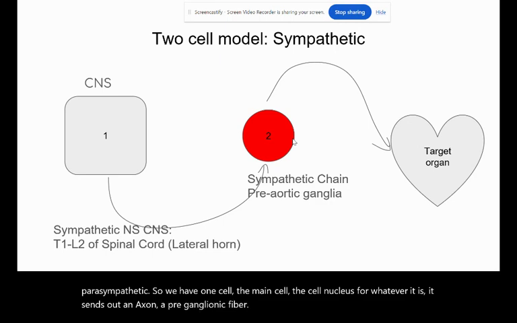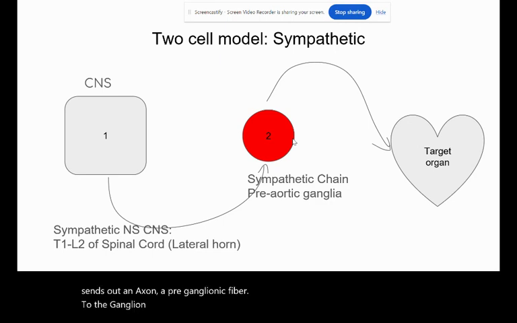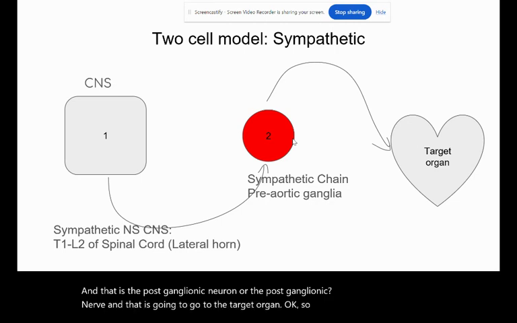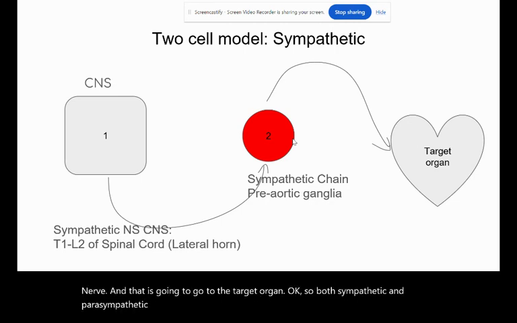to the ganglion. And then the ganglion is going to send out another fiber, and that is the postganglionic neuron, or the postganglionic nerve, and that is going to go to the target organ. Okay, so both sympathetic and parasympathetic have this two-neuron system.